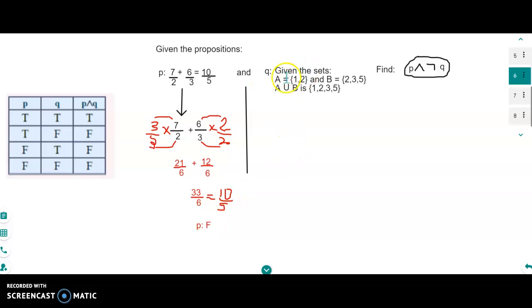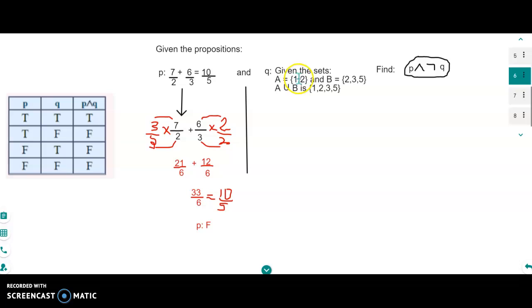Now, let's do the same with Q. We have to find the truth value of Q. How can we find it? Let's see the problem. We have the sets A and B, and it says that A union B is 1, 2, 3, and 5. Remember that for the union of two sets, we have to list all the elements from the sets.